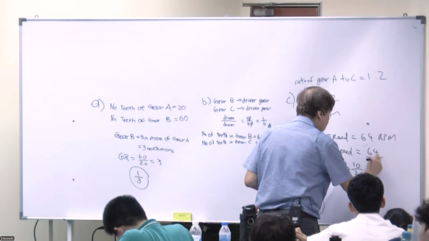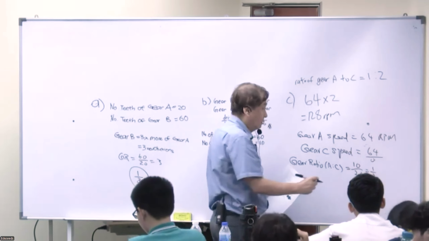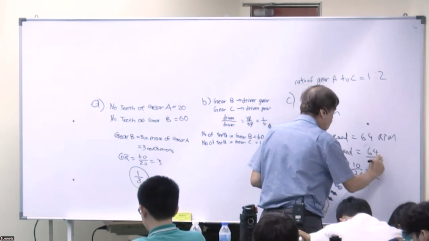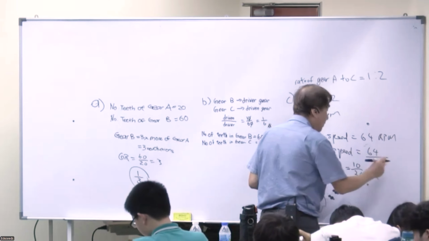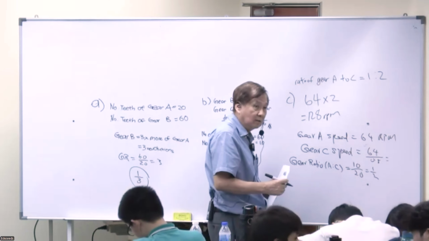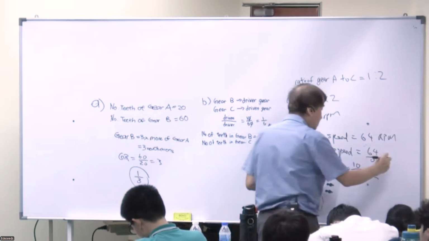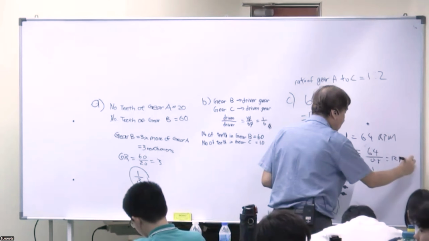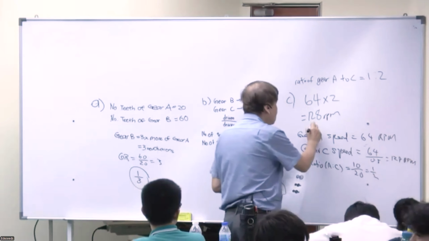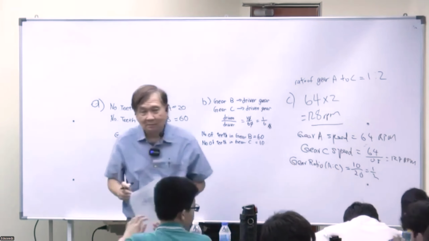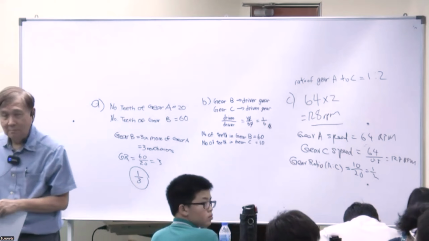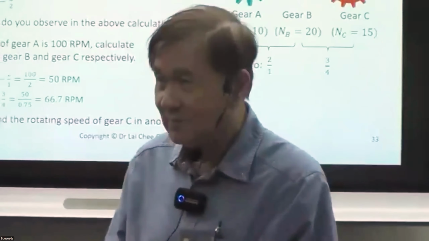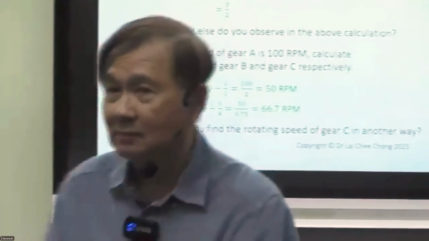Am I right? Not by half, 0.5. And that should be your answer, which is 128 RPM. Am I right? It's the same. So 1, 2 is correct. So that's how you do it.